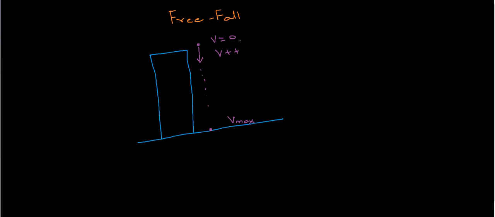So initially it was zero, the velocity started to increase, and ultimately it was maximum. So at t equal to 0, v is equal to 0. At t equal to t final, velocity is maximum.